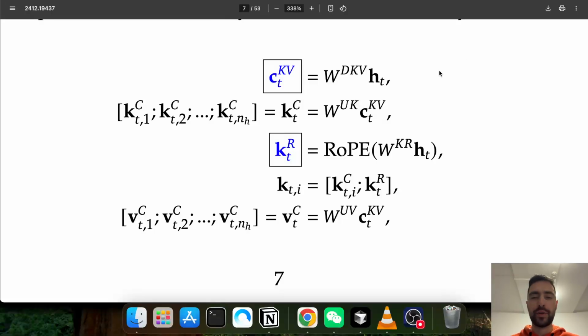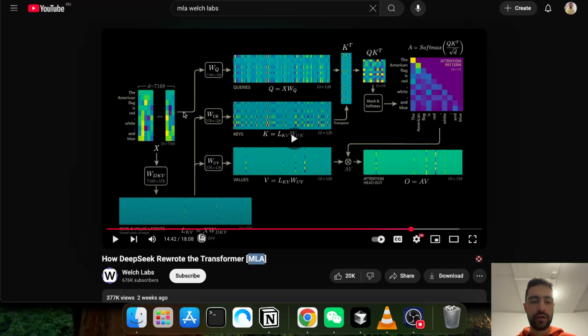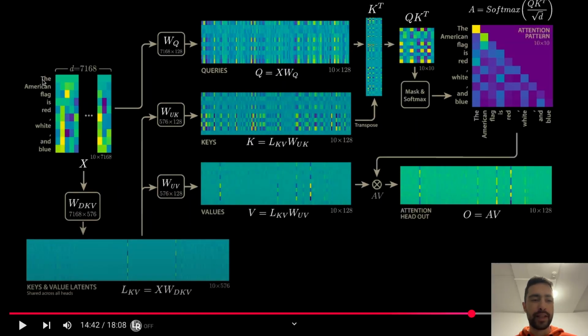If that didn't make too much sense, let's look at the formulas and it will maybe. So first we have the vector embedding, h_t. So if we go here, we have the vector embedding, let's say for the word red.